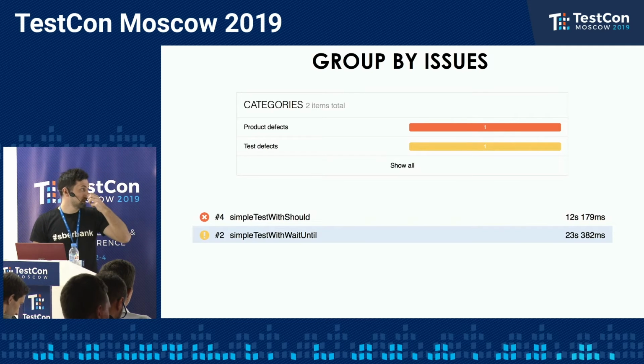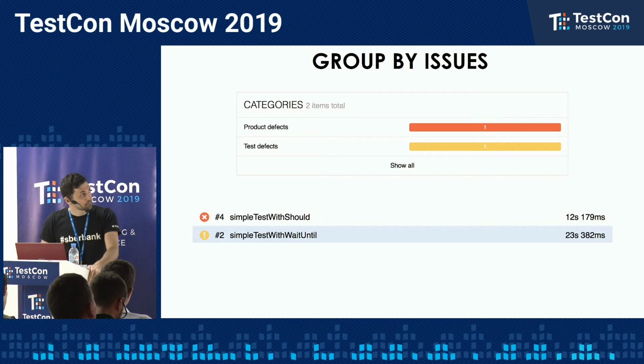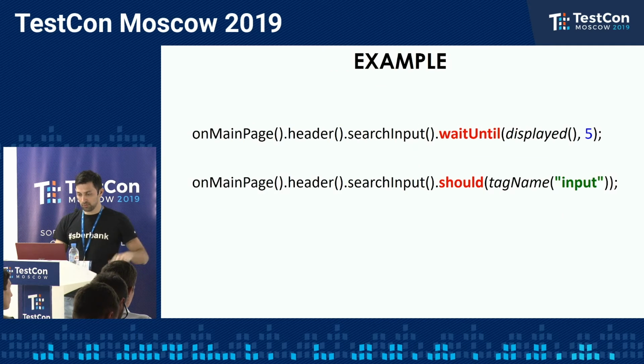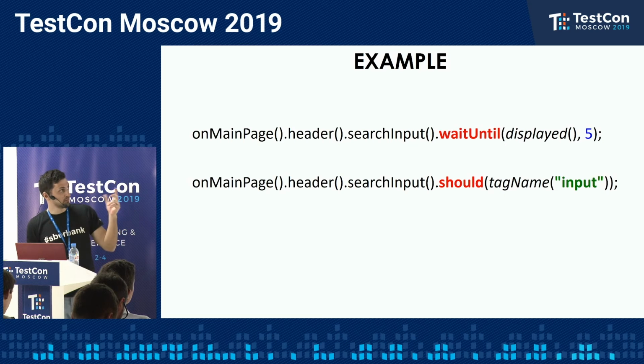If it throws wait until, the orange colored exception, then it's some problem with the test, and the automation engineer can look at what's wrong there and save time during discussion of the testing.